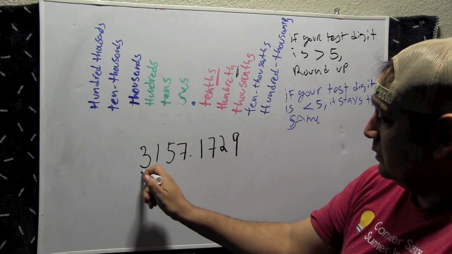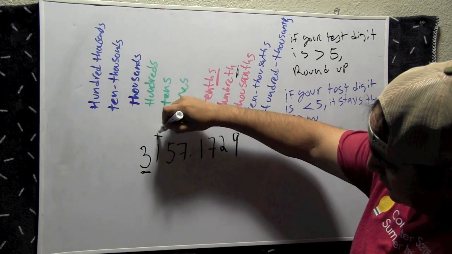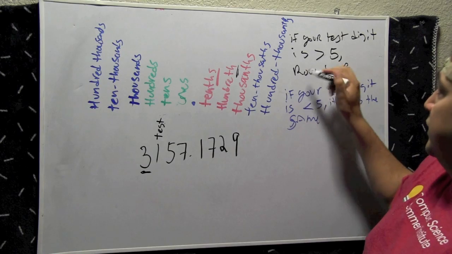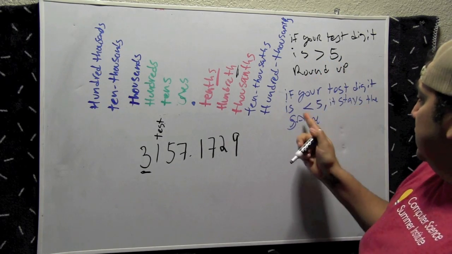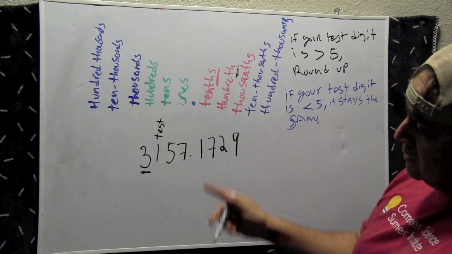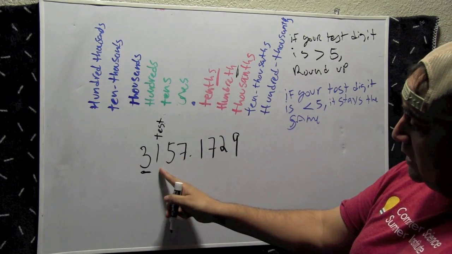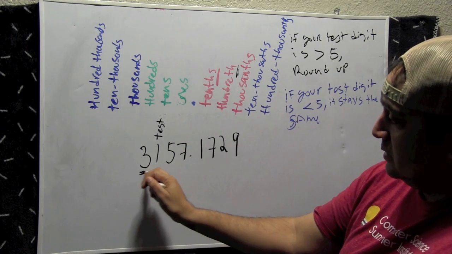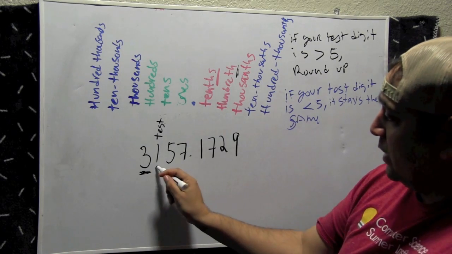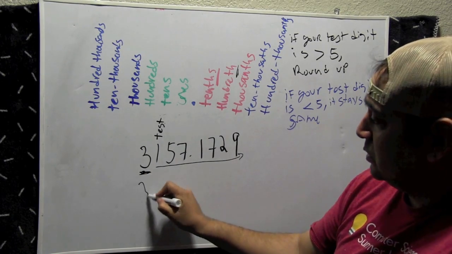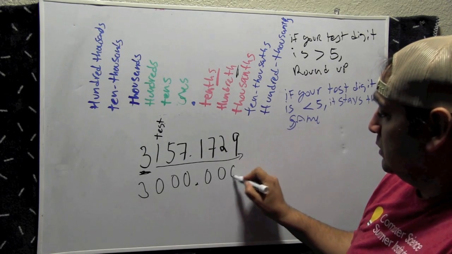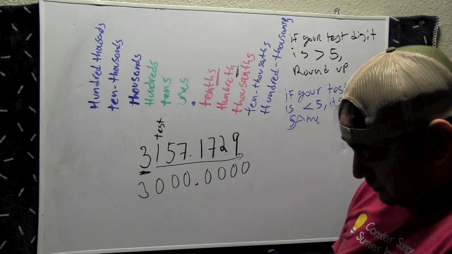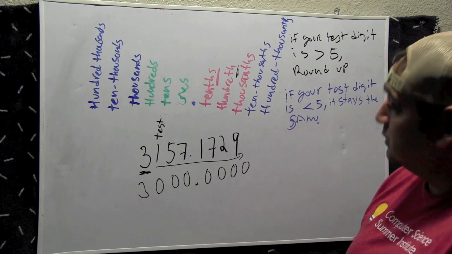Go right here. Look at the test digit. If your test digit is greater than 5, you round up. If your test digit is less than 5, then it stays the same. Your test digit is less than 5, so this stays the same, and the rest becomes 0. So it's 3,0,0,0 point 0000. And that's pretty much for rounding numbers.